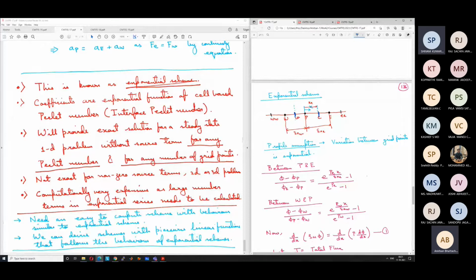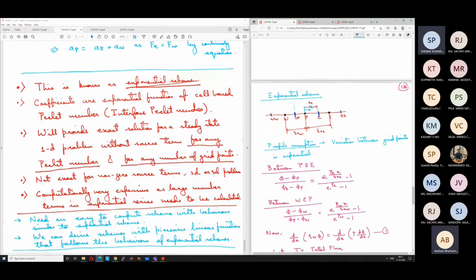It should replicate the variation of the exponential scheme without using exponentials. Okay. So say for example, if we can use some multiple linear variations or quadratic variation or some polynomials, all of them will be much simpler in calculation as compared to exponential.